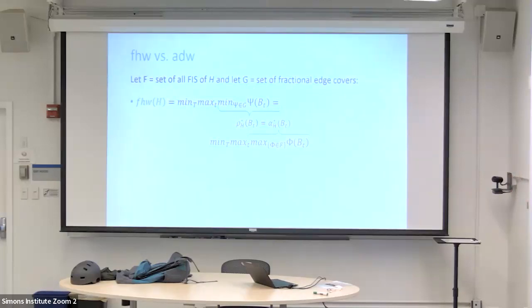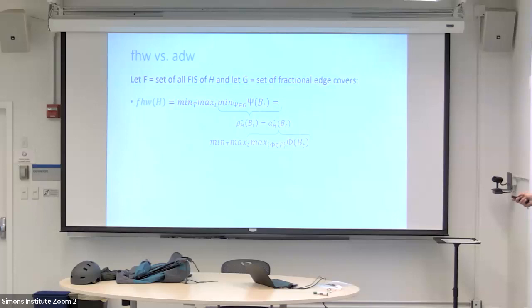But let's just recall what we have. The fractional hypertree width is defined as the minimum over all tree decompositions of the maximum over the fractional edge covers that we compute for each of the bags.